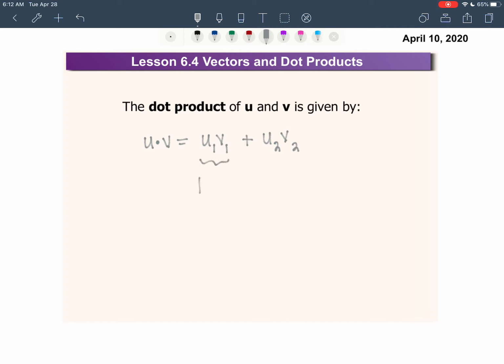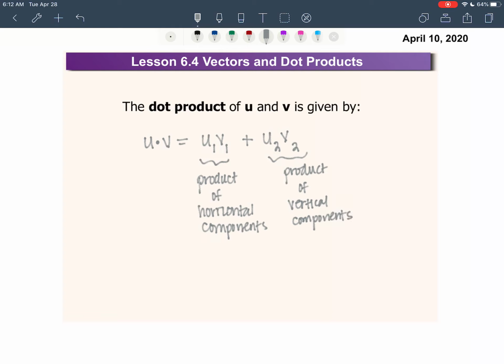So this is our product of horizontal components, and we're going to add to that the product of the vertical components. And that's what we call a dot product.